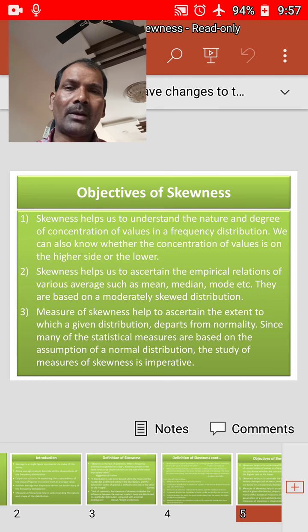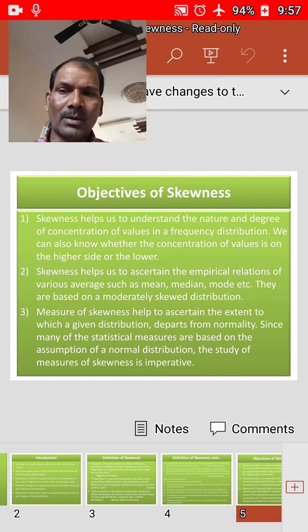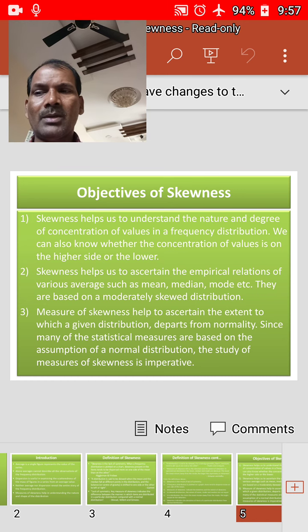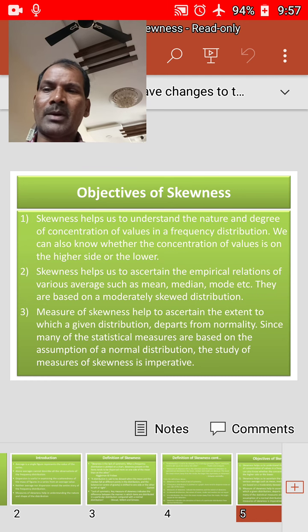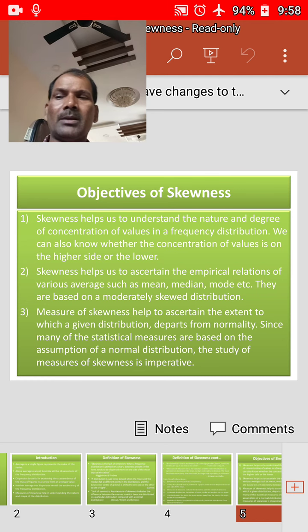In bimodal or multimodal cases, it is not possible to locate the mode. But with the use of the empirical formula, by knowing the mean and median, we can calculate the mode. They are based on moderately skewed distributions.